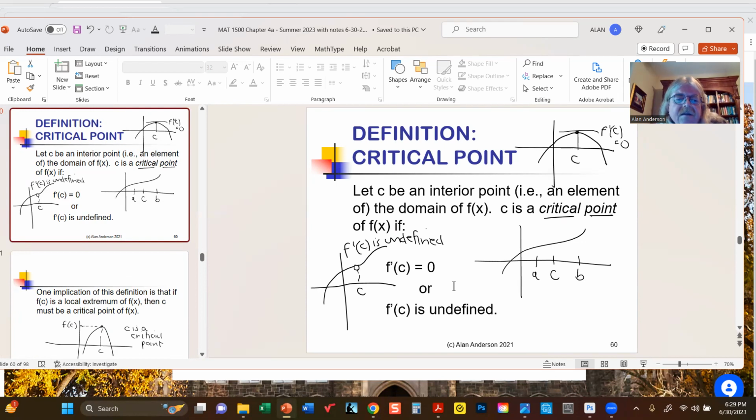So wherever we find extrema, the points in which we find the extrema are themselves called critical points. The critical point itself doesn't have to be a maximum or a minimum, but a point which is a maximum or a minimum must be located at a critical point. Remember, the critical point includes bizarre cases where f prime of c is undefined, where there's discontinuities.